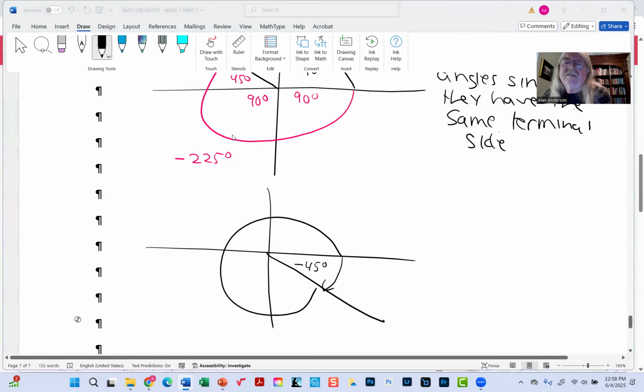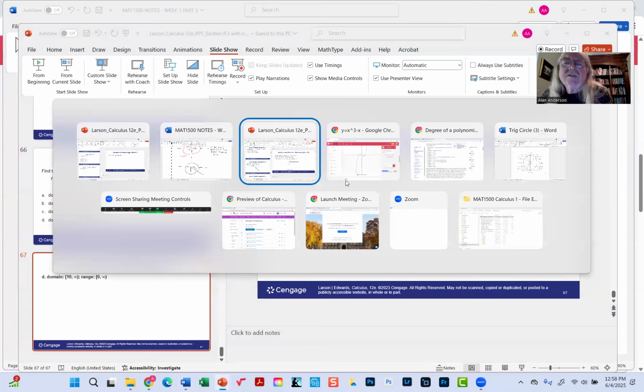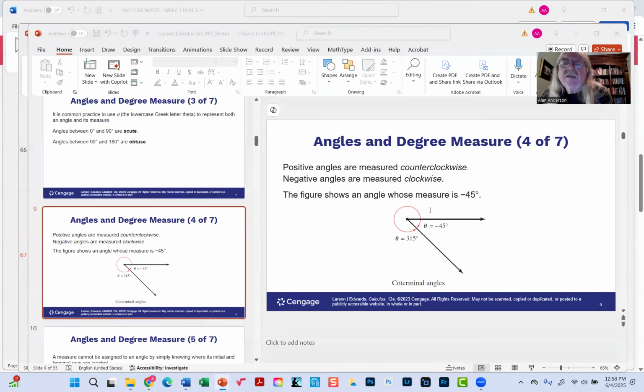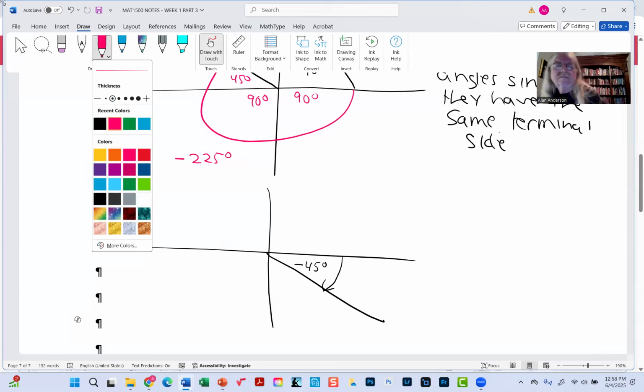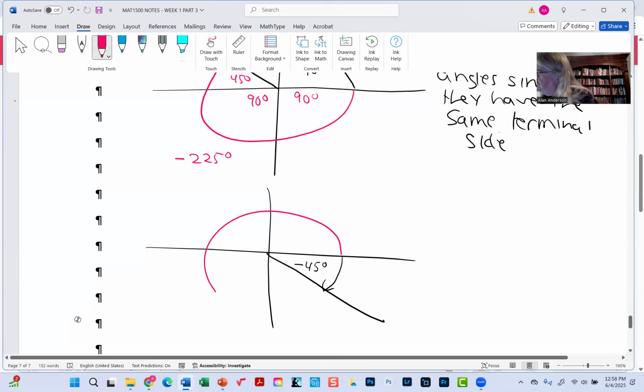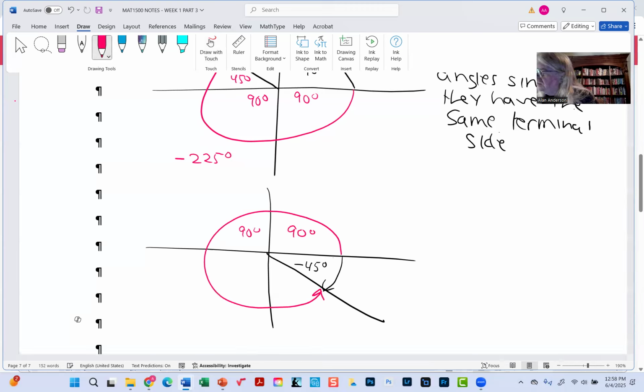Half of 90 is 45. So the negative angle is 45. The positive version, which requires us to go all the way around the circle in the other direction, let me change the color. 90, 90, 90, and 45, which adds up to a positive 315.